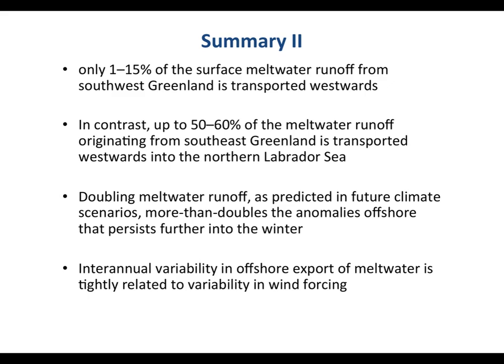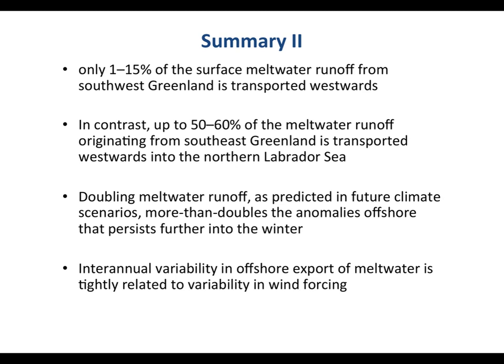So in summary, only about 1 to 15%, depending on the year, of the surface meltwater runoff from southwest Greenland is transported westward, while about 50 to 60% of the runoff that originates from southeast Greenland is transported westward.